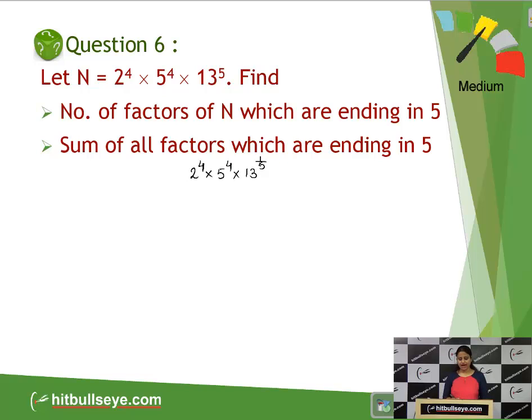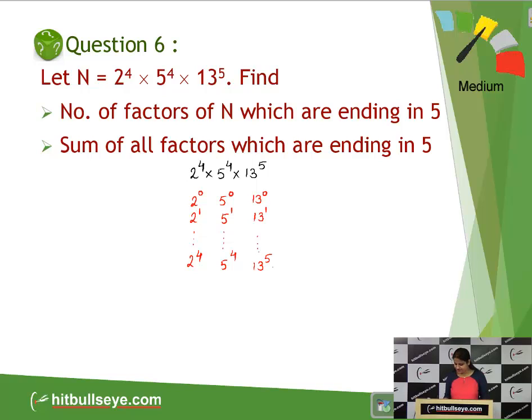Once again, we will list down all permissible powers of all prime numbers, and they are 2 raised to power 0, 2 raised to power 1, so on up to 2 raised to power 4, 5 raised to power 0, 5 raised to power 1, so on up to 5 raised to power 4, 13 raised to power 0, 13 raised to power 1, up to 13 raised to power 5.